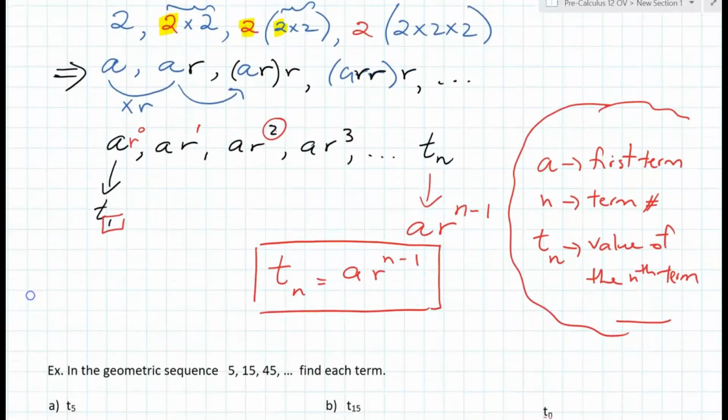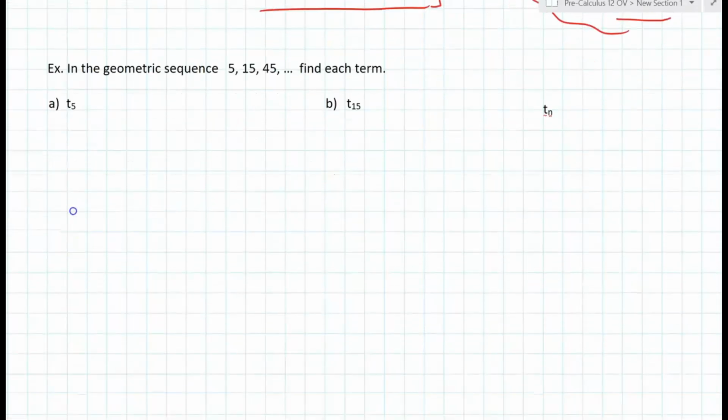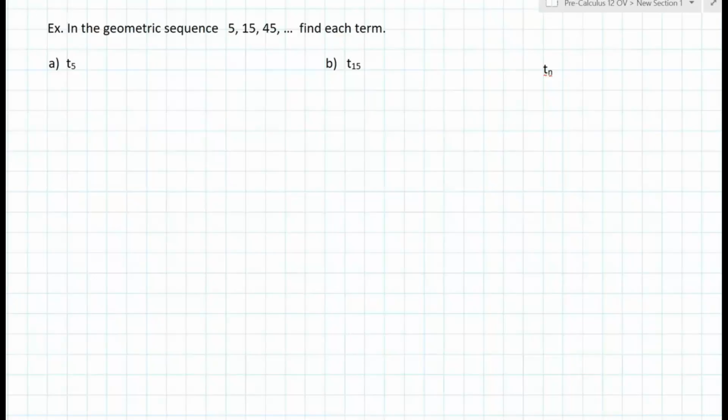Okay, and now let's go ahead and look at an example. All right, and sometimes it's easy just to look at the pattern and you'll do it, and that's no problem. For example, in this geometric sequence, we have 5, 15, 45. We know that the first term is 5.